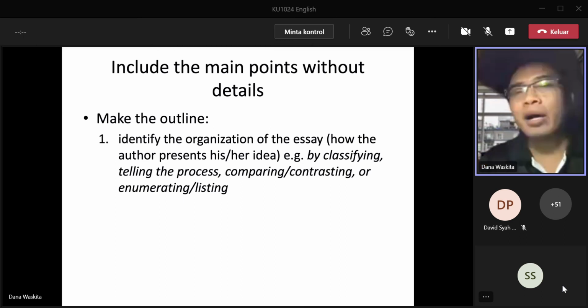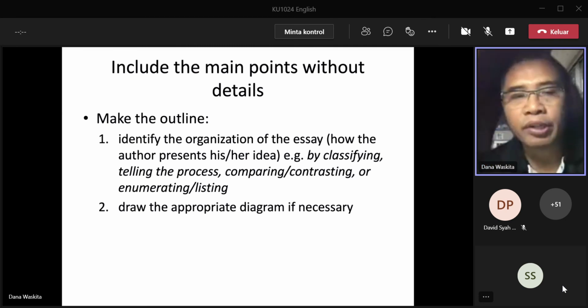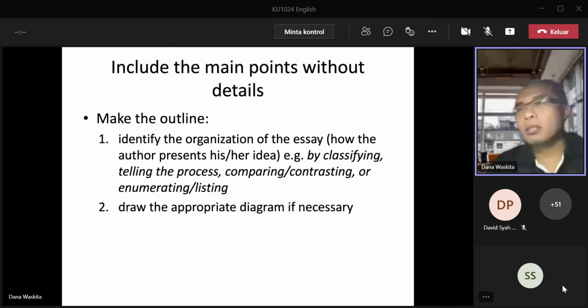If you understand, if you learn that the writer used what we call idea development by classifying. And then maybe it would be easier for you if you can draw the diagram about the writer's thought, ya.